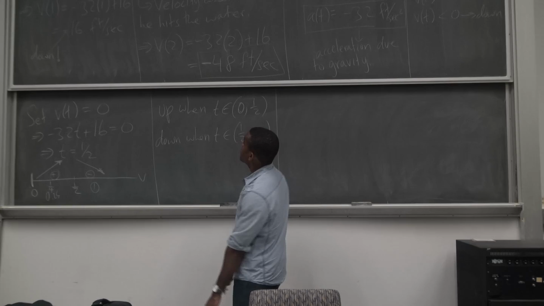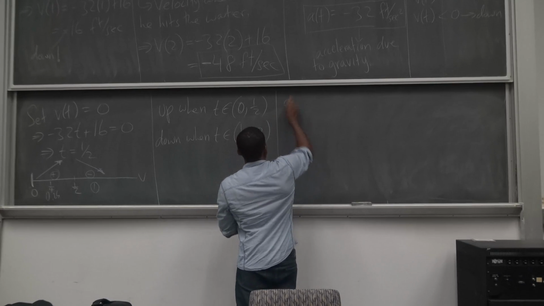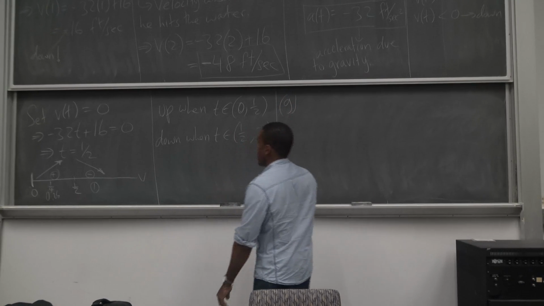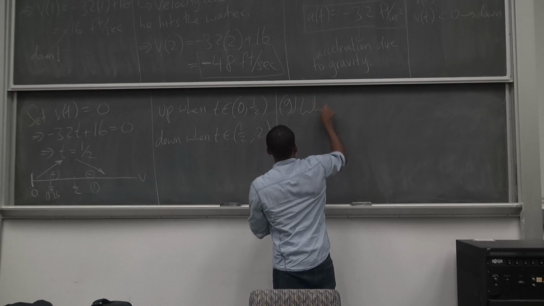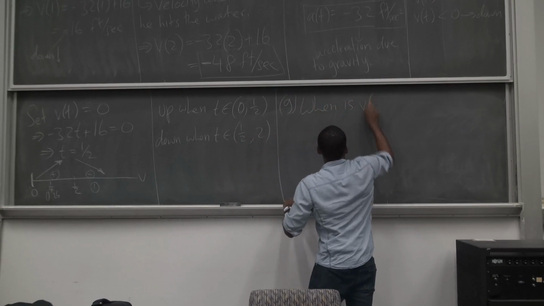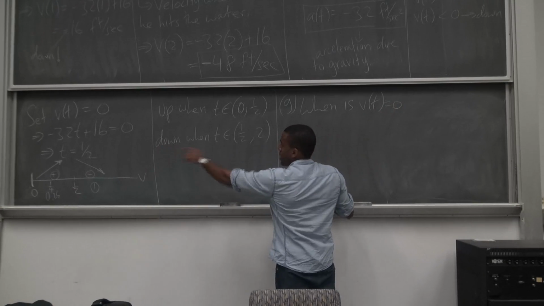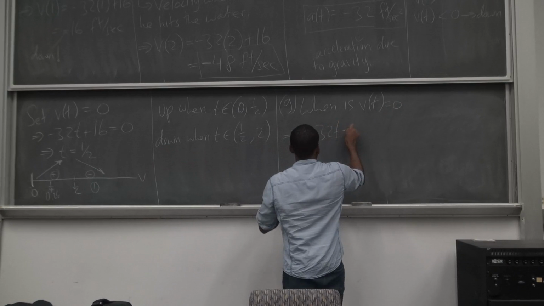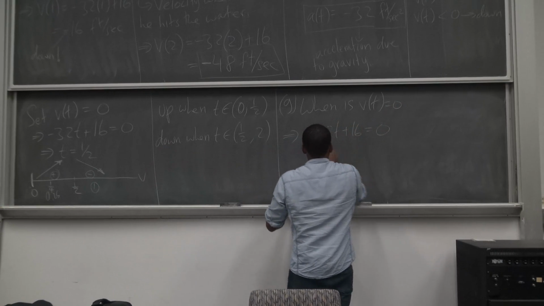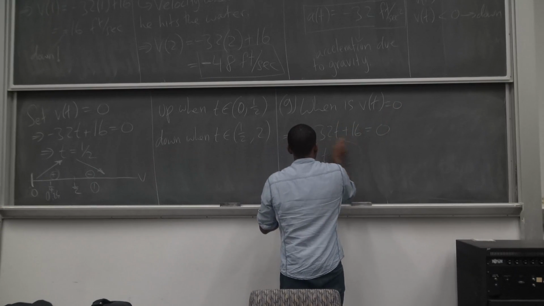What's the last question? Right, when is the velocity 0? Well, I've already solved that. Minus 32t plus 16 equals 0. This means t equals a half.